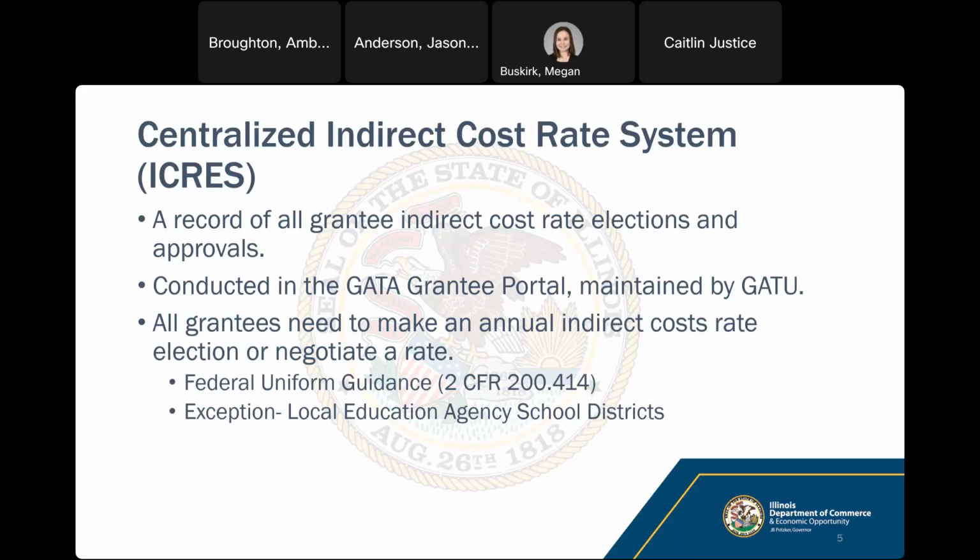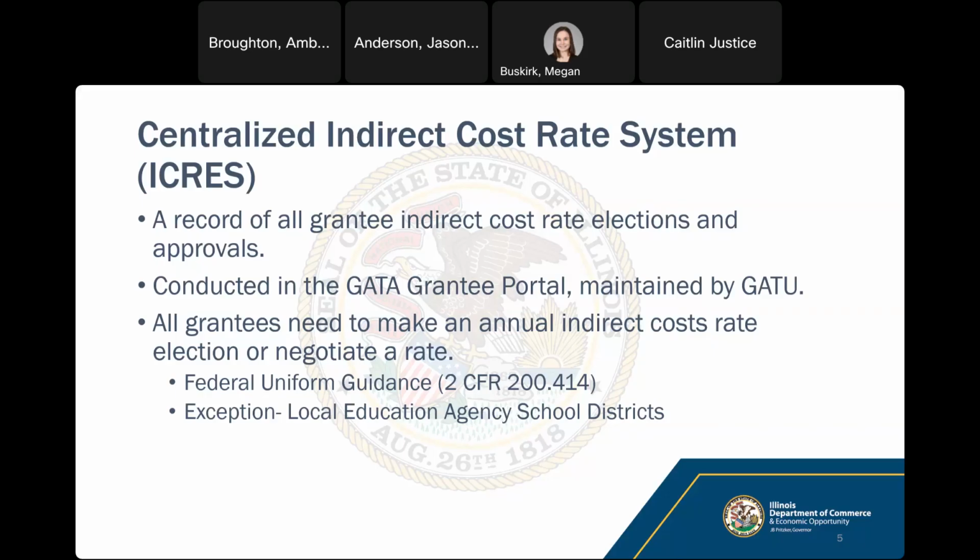The State of Illinois Centralized Indirect Cost Rate System is the system of record for all grantee indirect cost rate elections and approvals used for reimbursement on State of Illinois and federal pass-through awards. The State of Illinois implements the centralized indirect cost rate system maintained by GATU.